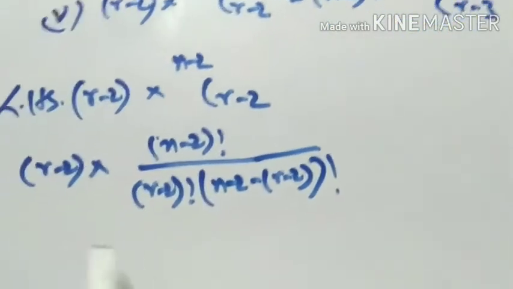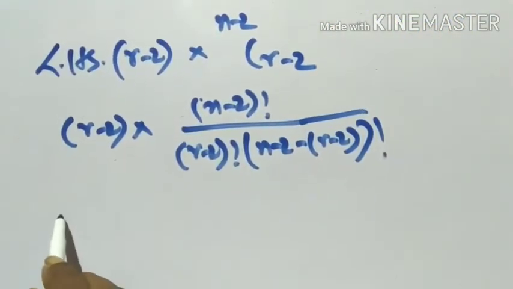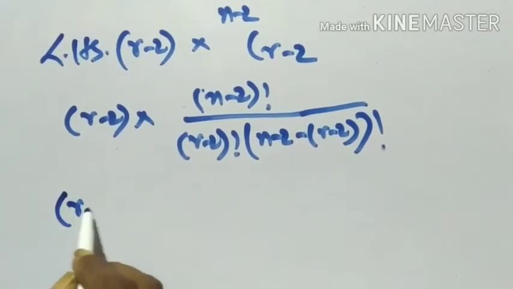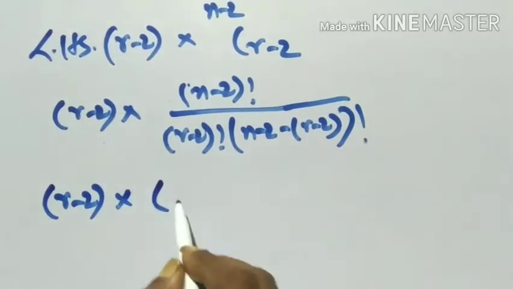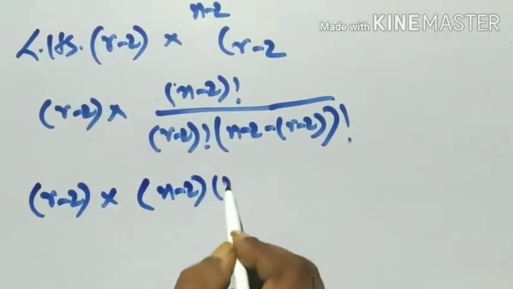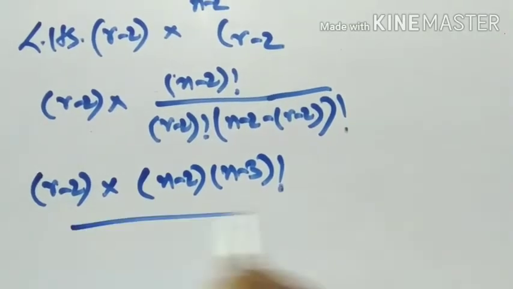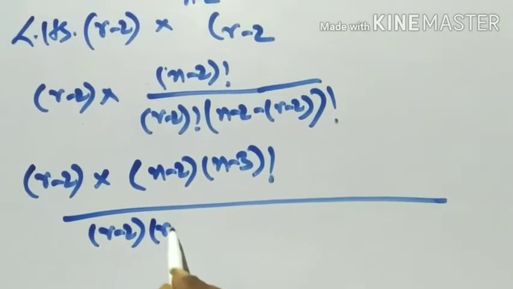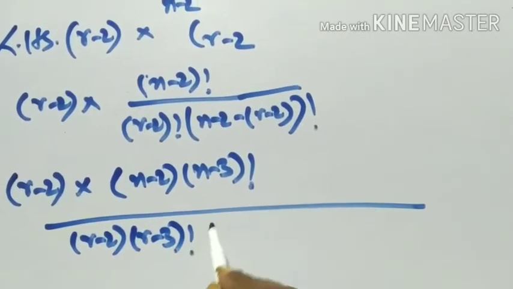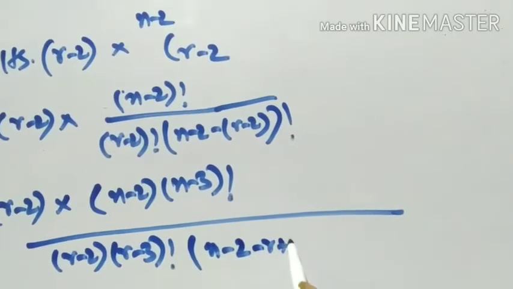Now you see that for (n minus 2), the next term will be (n minus 3) factorial. Again here, for (r minus 2), the next term will be (r minus 3) factorial. And here we will open the bracket: n minus 2 minus r plus 2.